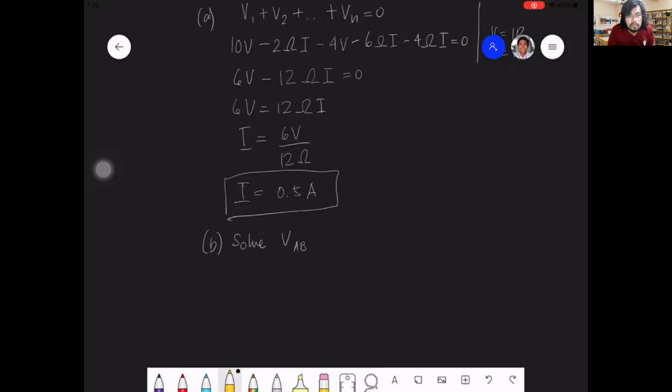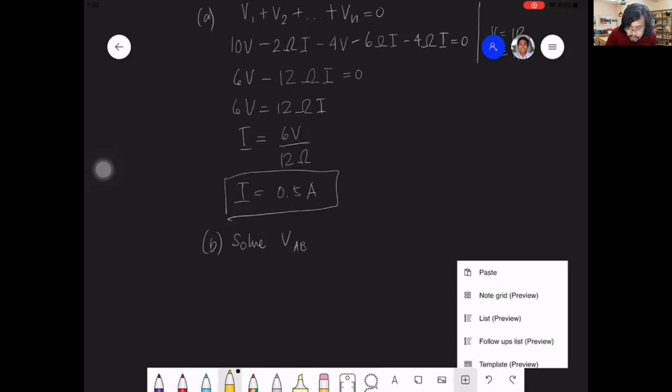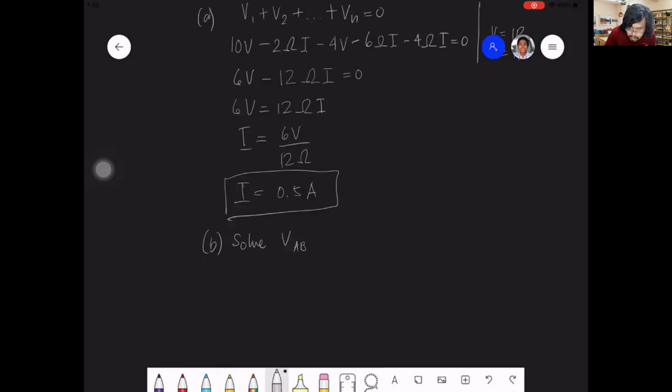And it is going to be VAB equals positive 10 volts minus 0.5 A times 2 ohms. VAB is thus equal to 10 volts minus 1 volt. VAB equals 9 volts.